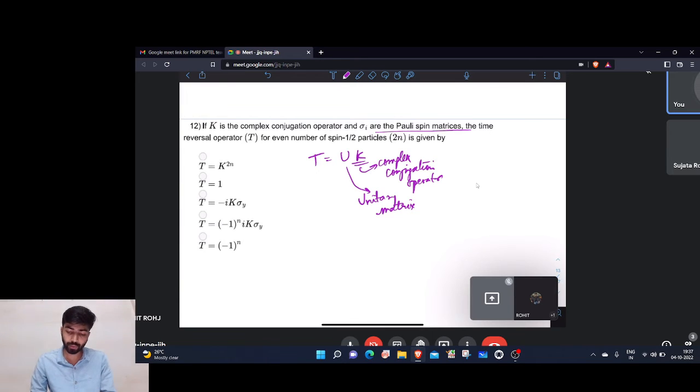The time reversal operator T for an even number of spin half particles, 2n, is given by which of the following?